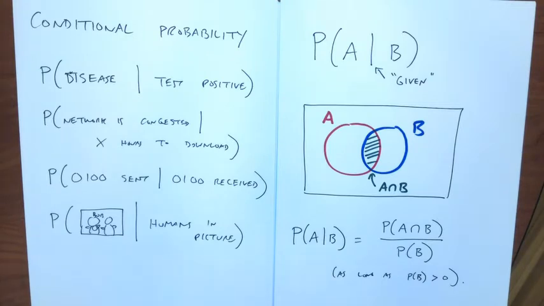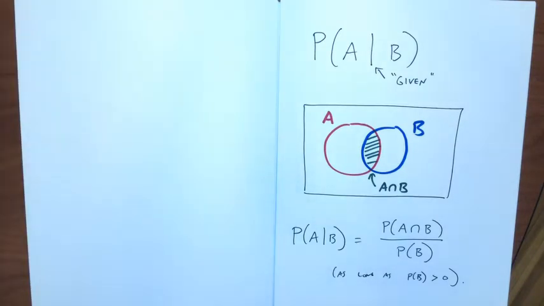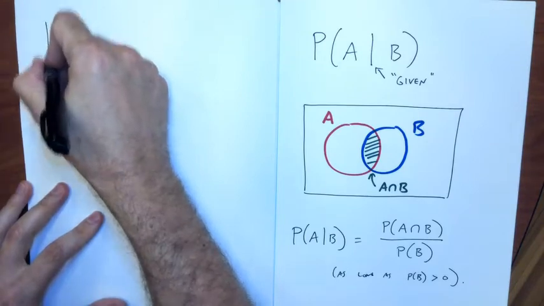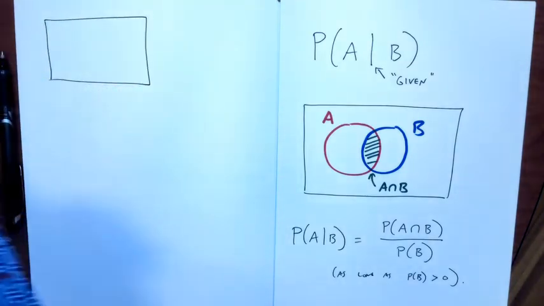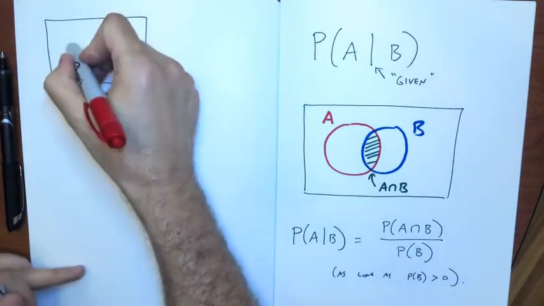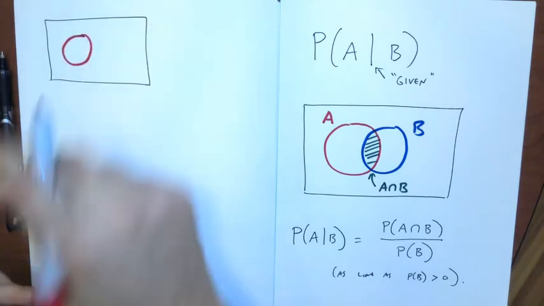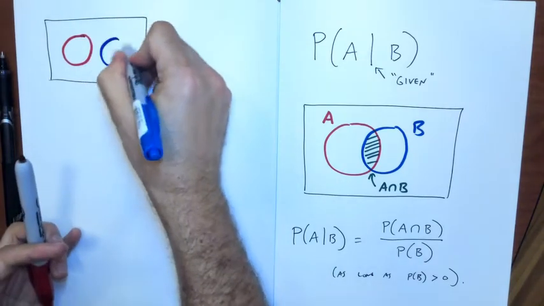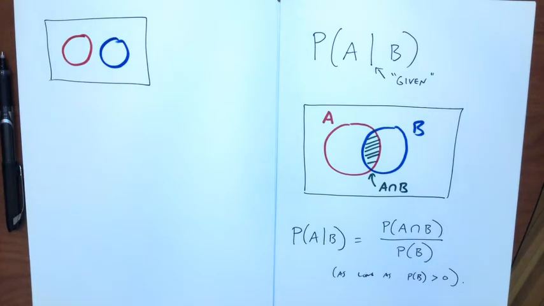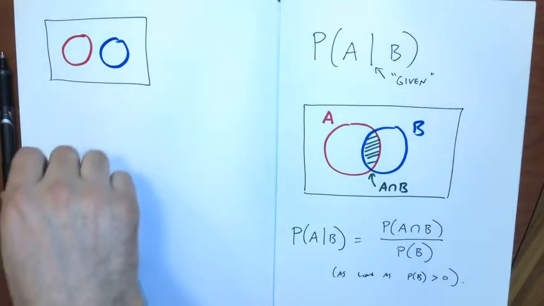Let's think about some circumstances where knowing B tells me something about A. For example, suppose I'm in a situation like this, where I've got A and then I've got B. In this case, if I tell you that B occurred, then for sure A did not occur, because A and B are disjoint.